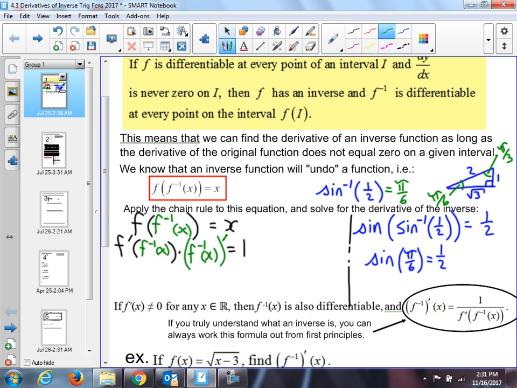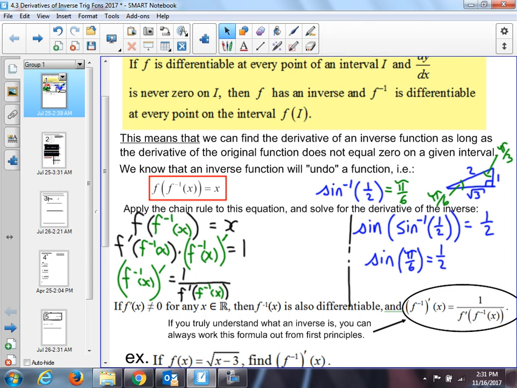So you can probably see that this is the derivative of the inverse, which is equal to 1 over the derivative with the inverse untouched inside. I have that right here in an ellipse.